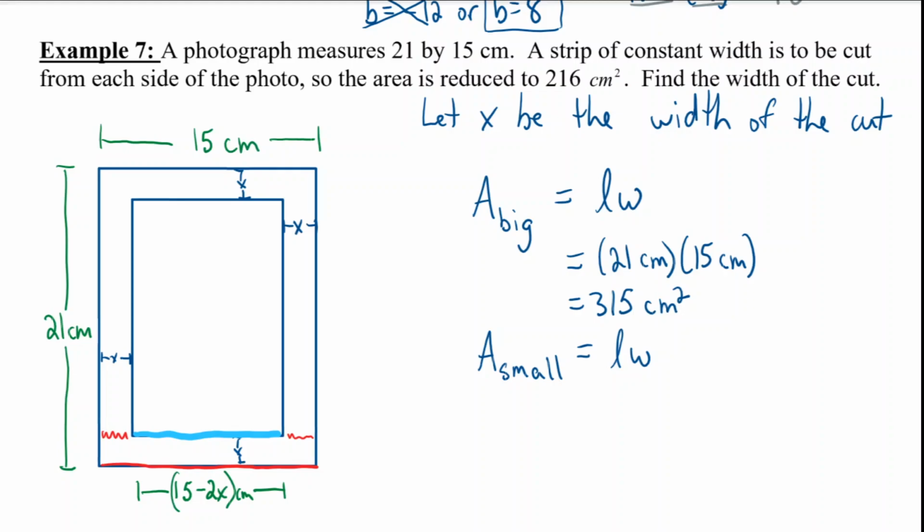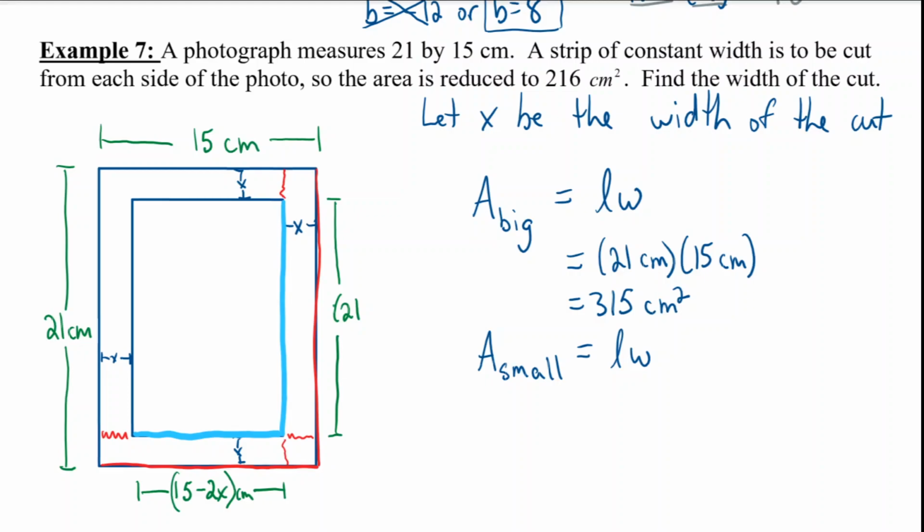And then the next part, we're trying to figure out what this length is. Well, we know that this entire length is 21, right? We know that is 21. All right, but then this smaller length, we've taken away this width and this width here.